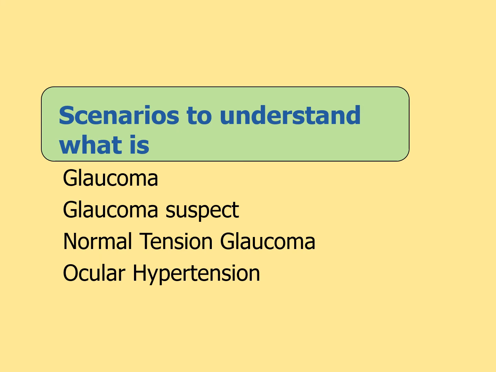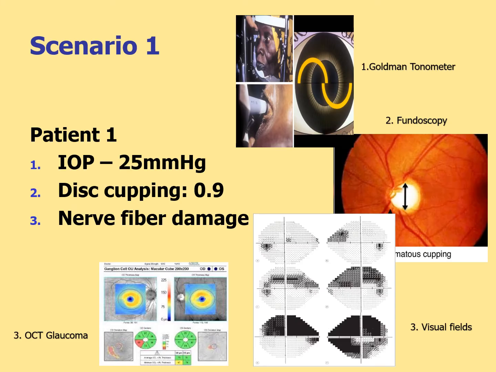Now we are going to discuss different scenarios to understand what's glaucoma suspect, normal tension glaucoma, and ocular hypertension. First of all, scenario 1. Now look at this patient 1.